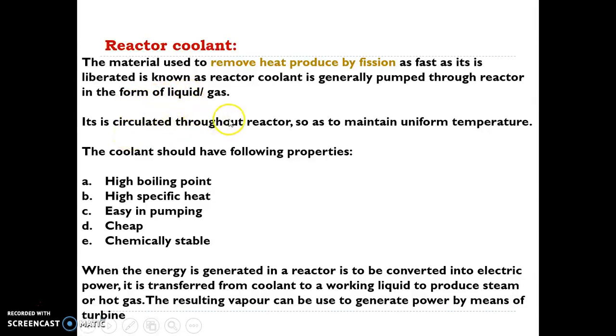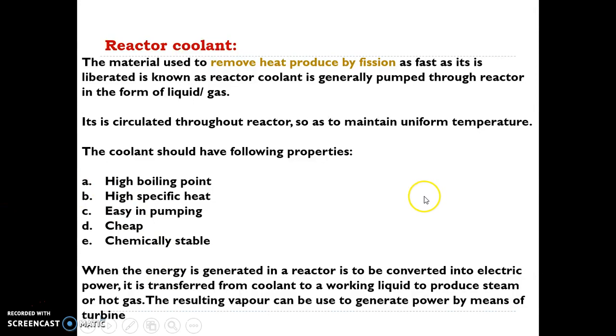It is circulated throughout the reactor so as to maintain a uniform temperature. The coolant should have the following properties: high boiling point, high specific heat, easy to pump, cheap and chemically stable, because a high amount of energy is generated and we need to use a high amount of reactor coolant material.